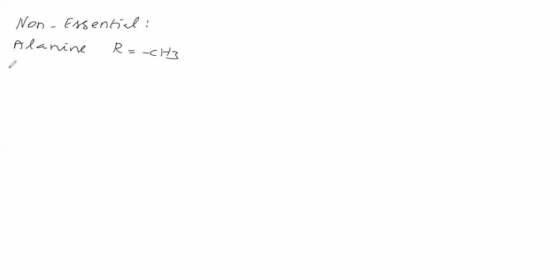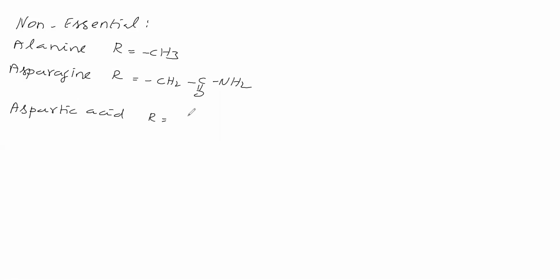For asparagine, R is CH2CONH2. For aspartic acid, the R group is CH2COOH. For cysteine, the R group is CH2SH.